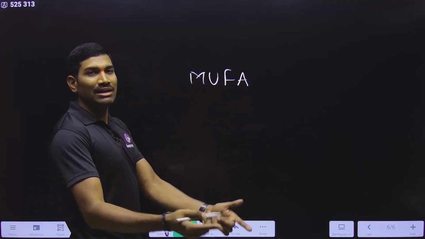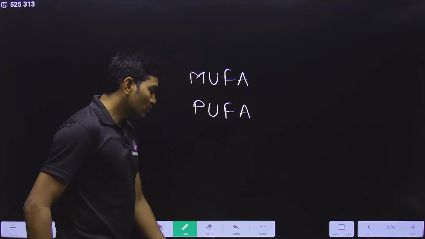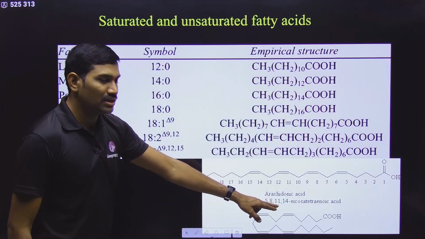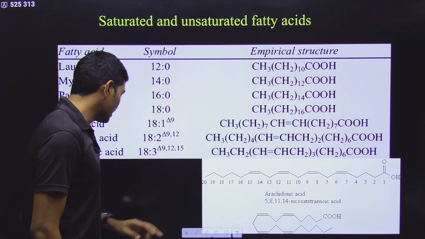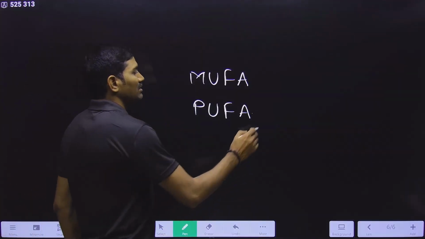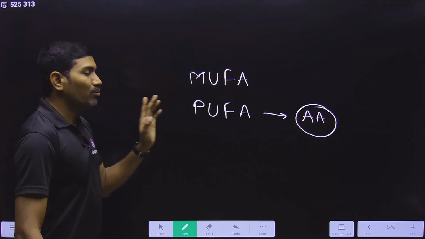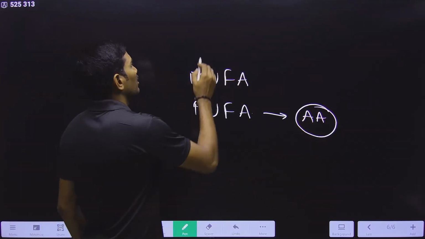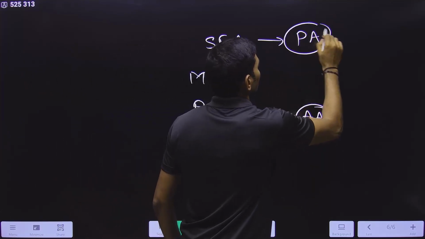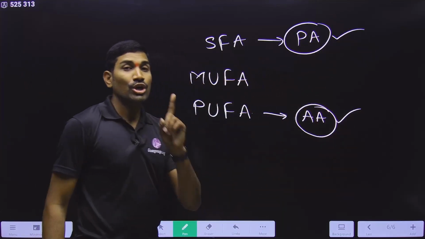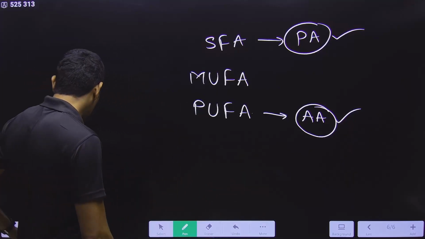If more than one double bond is there, it is called a polyunsaturated fatty acid. Arachidonic acid has 4 double bonds, so more than one are there. Arachidonic acid is an example of a polyunsaturated fatty acid. For saturated fatty acid, palmitic acid is the example. These two are NCERT names. You should compulsorily know at least the NCERT names.